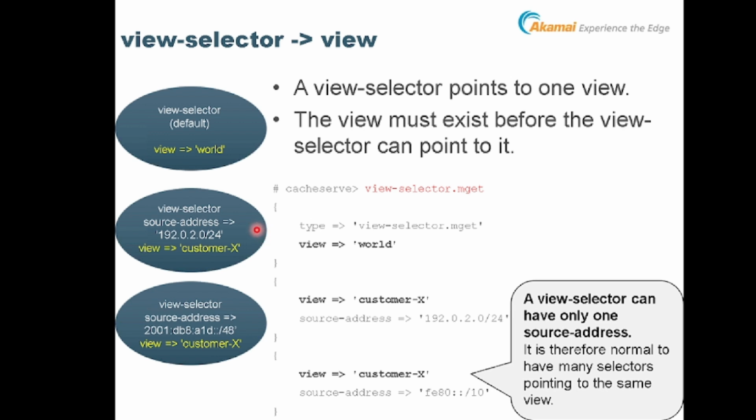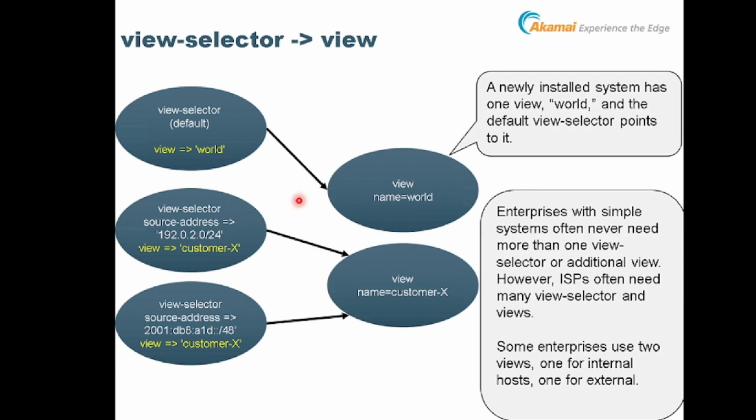The idea is here, and if we look at these view selectors that are pointing to these different views, the generic customer comes in and goes to the world view, whereas the specific customer X goes to a view that's dedicated to that customer.